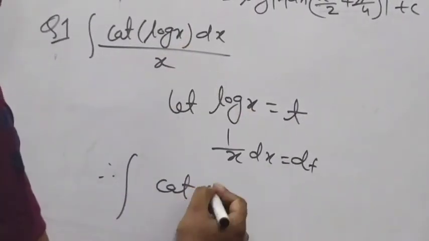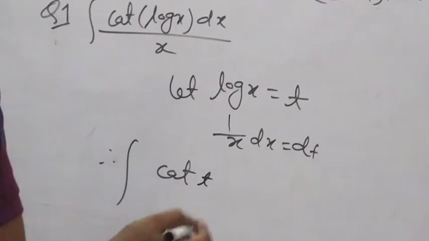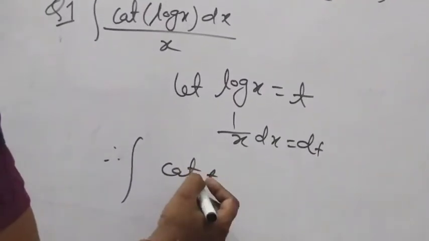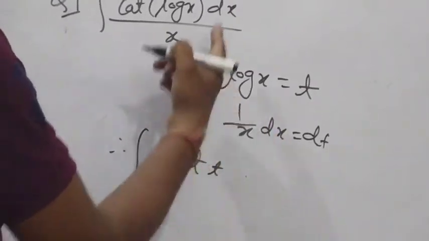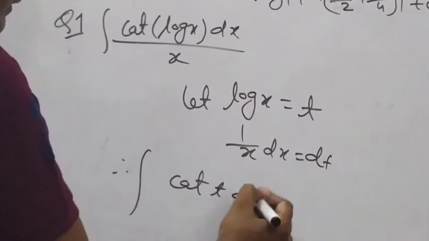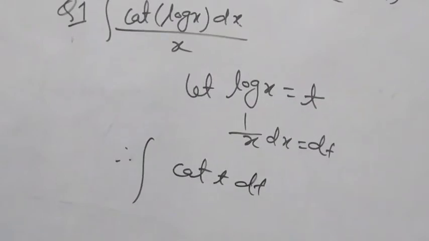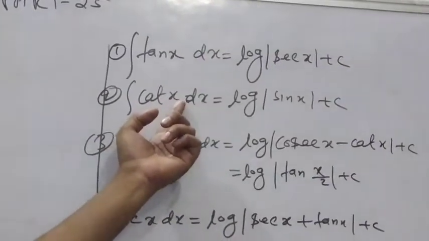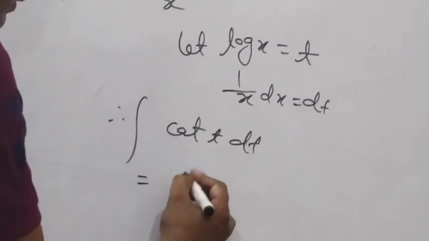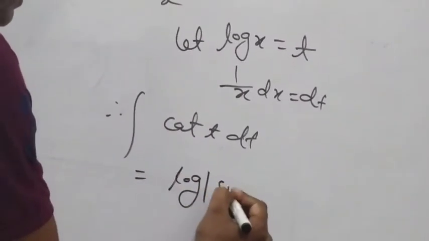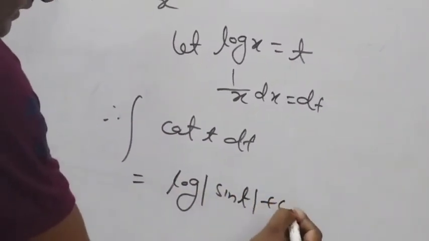Log x is t here. Cot t. And here dx upon x is equal to dt. Now you can see, what is the integration of cot x? Log of sin x. The integration of cot t is equal to what? Log of sin t plus c.